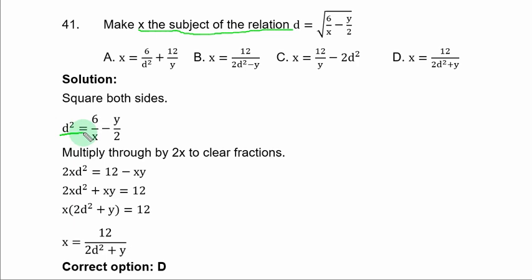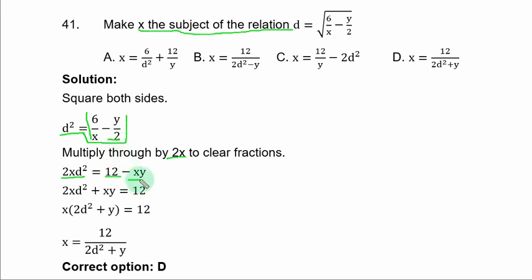So you have D squared equal to 6/S minus y/2. To clear the fractions, multiply through by the LCM of 2S. So you have 2SD squared. Multiply this term by 2S, S cancels S, you have 12. Multiply this term by 2S, 2 cancels 2, you have SY.